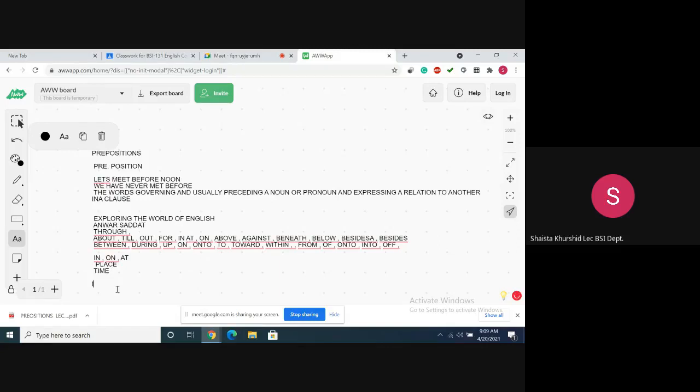For example, if I'm using in for the place, how would I use it? Okay. So in is normally used for the places where we have surroundings, especially, or the places having some boundary.